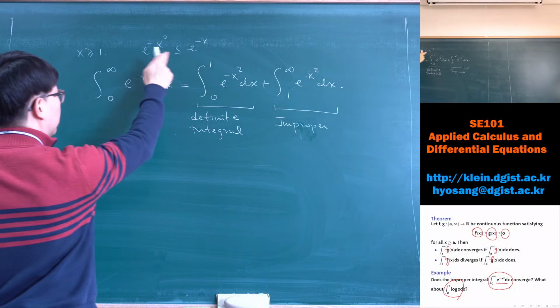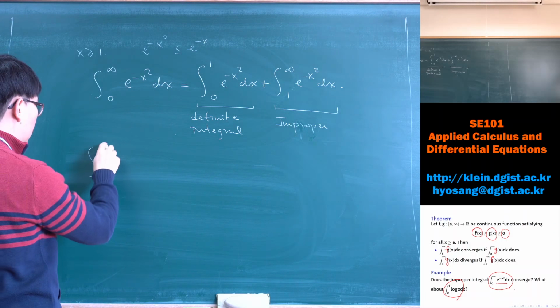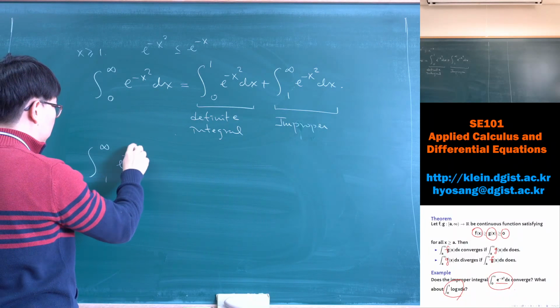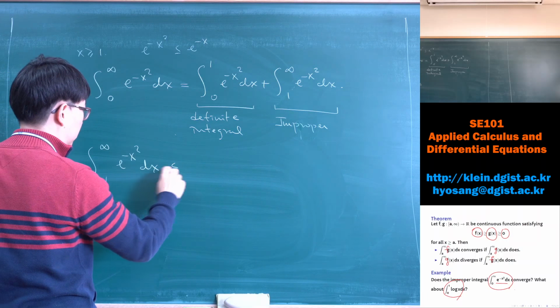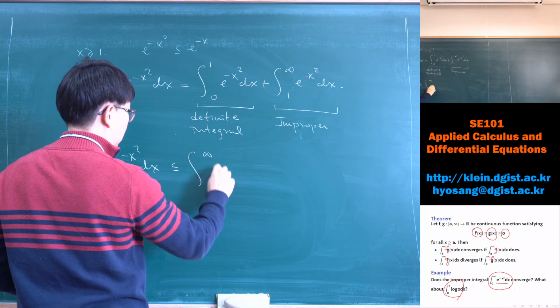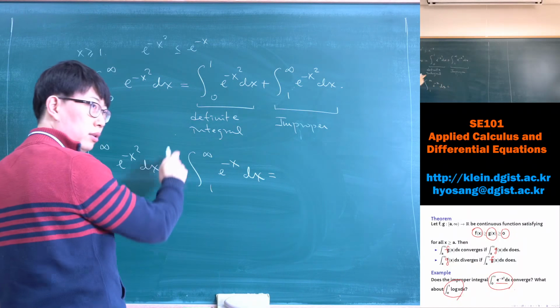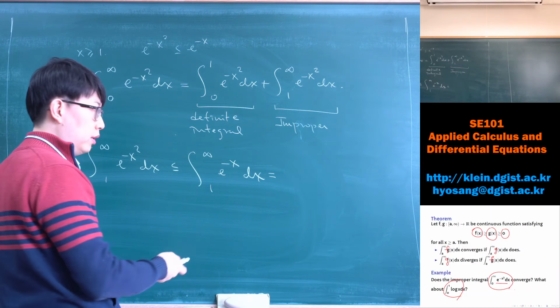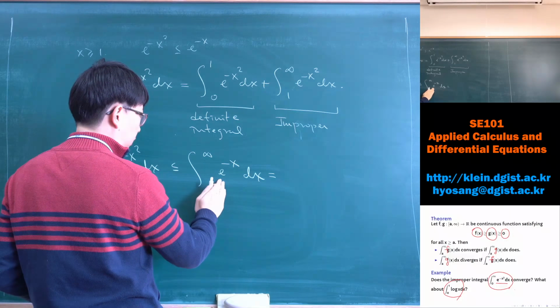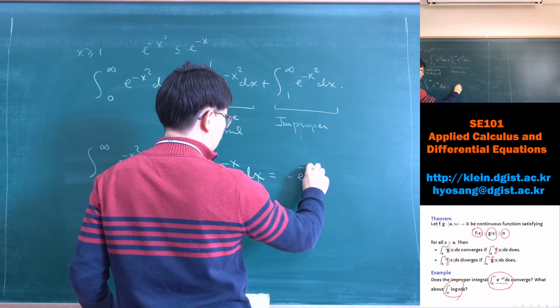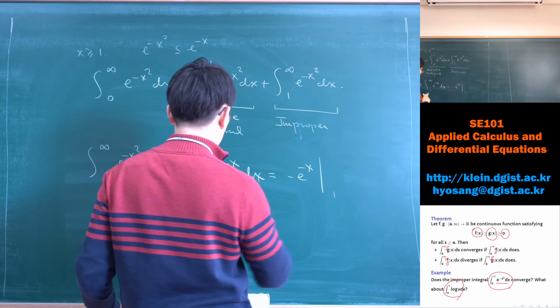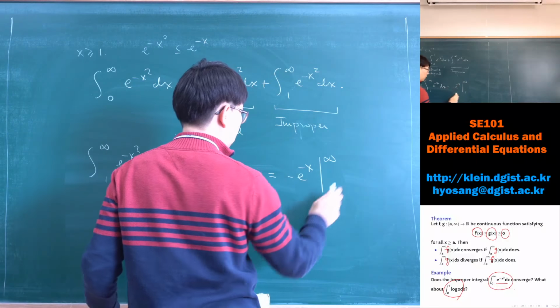However, since we have this inequality, the integral of e to the negative x squared dx is always less than the integration of e to the negative x. And what's the integration here? You can simply take the antiderivative of e to the negative x as minus e to the negative x, and take 1 and infinity as a limit point.